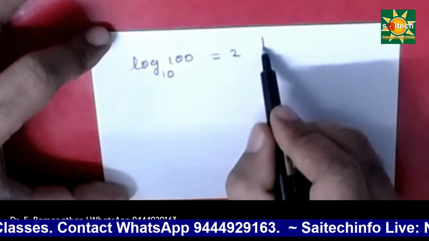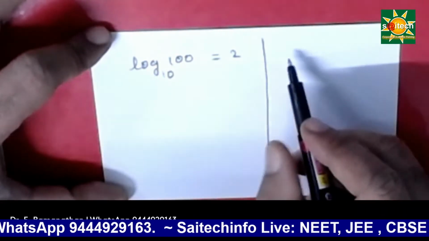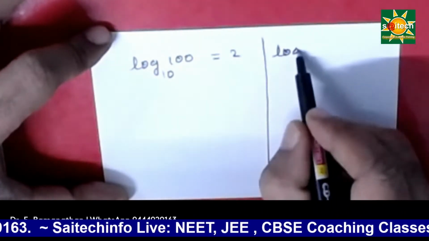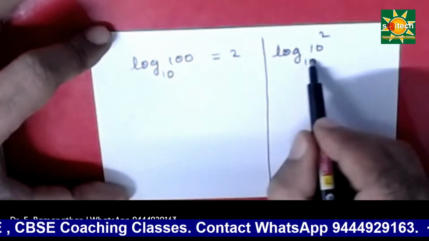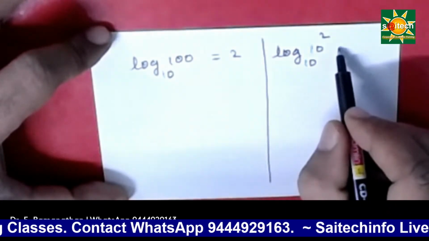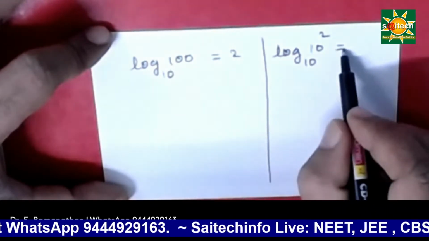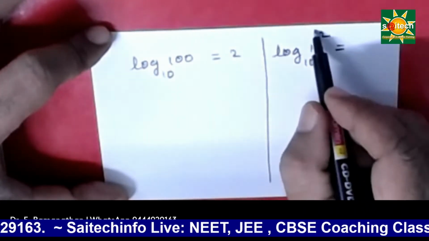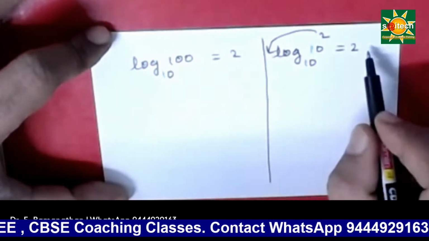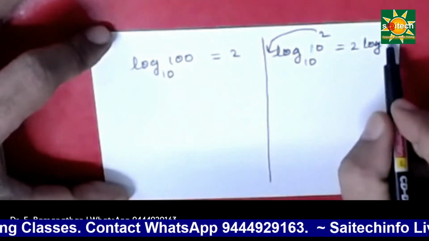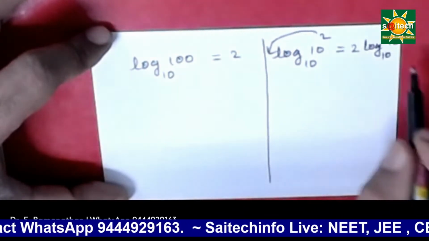What do you mean by this? For example, log 10 square to the base 10 is equal to, okay, this 2 can be brought here according to the power rule. So 2 log 10 to the base 10.